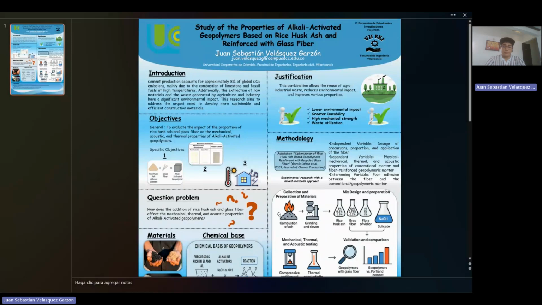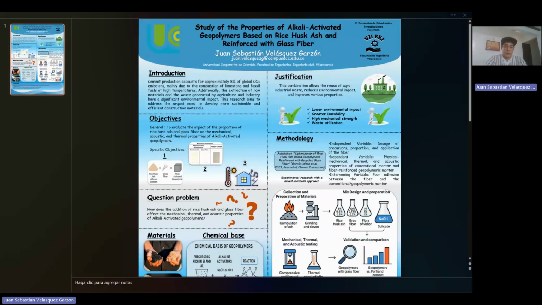Objectives. General objective: to evaluate the impact of the proportion of rice husk ash and glass fiber on the mechanical, acoustic, and thermal properties of alkali-activated geopolymers. Specific objectives. One, to produce alkali-activated geopolymers with different dosages of rice husk ash and glass fiber.